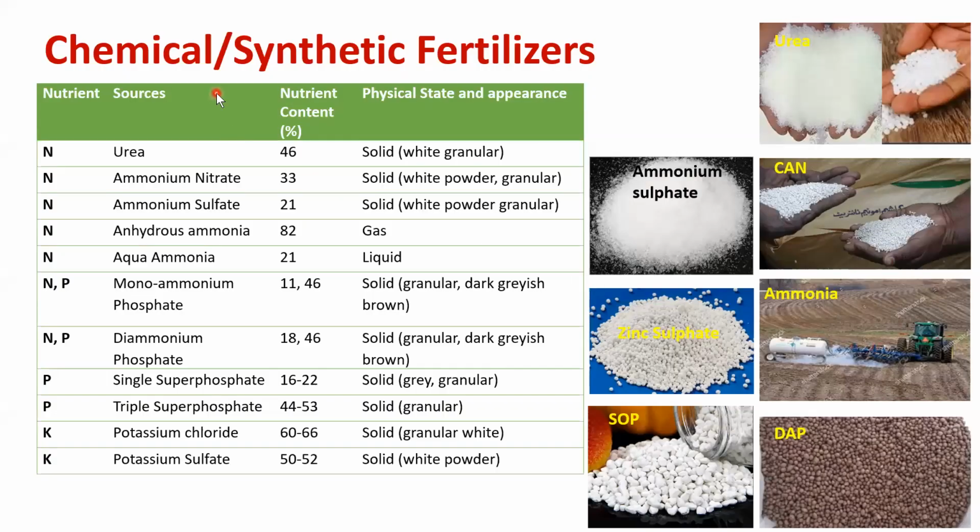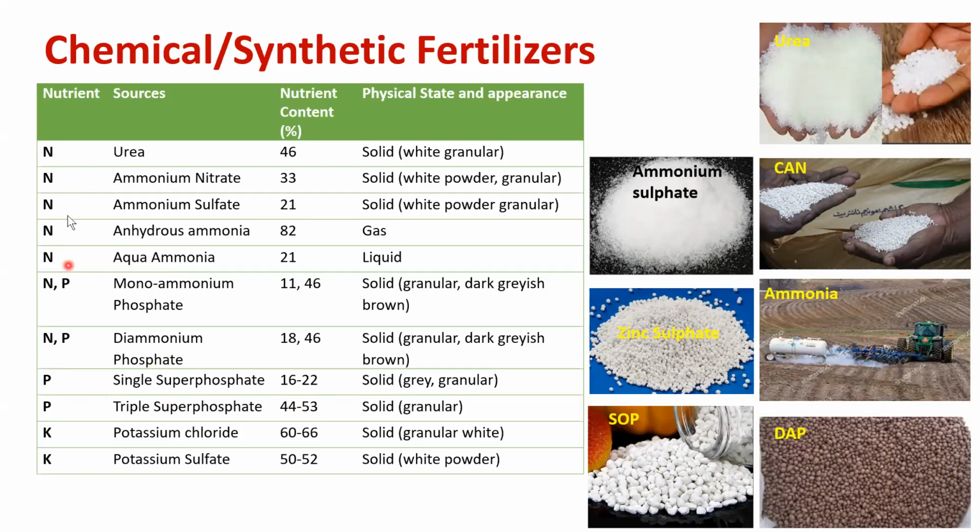So we basically have chemical or synthetic fertilizers, and we have organic fertilizers. In the synthetic group, we have urea, ammonium nitrate, ammonium sulfate, anhydrous ammonia, aqua ammonia, monoammonium phosphate, and diammonium phosphate.